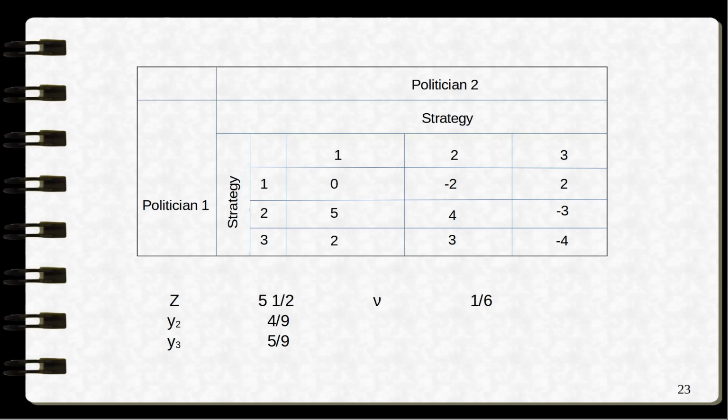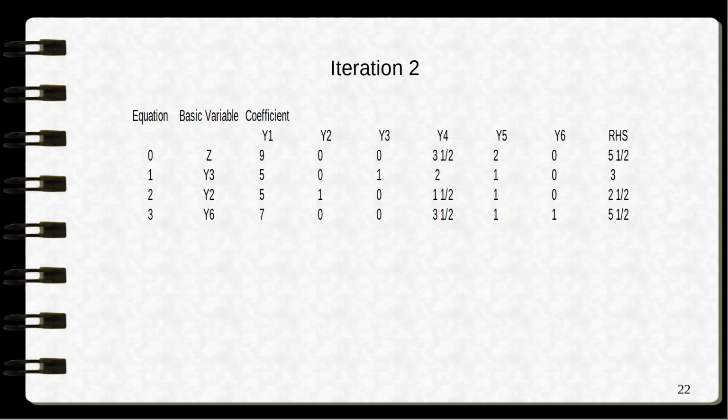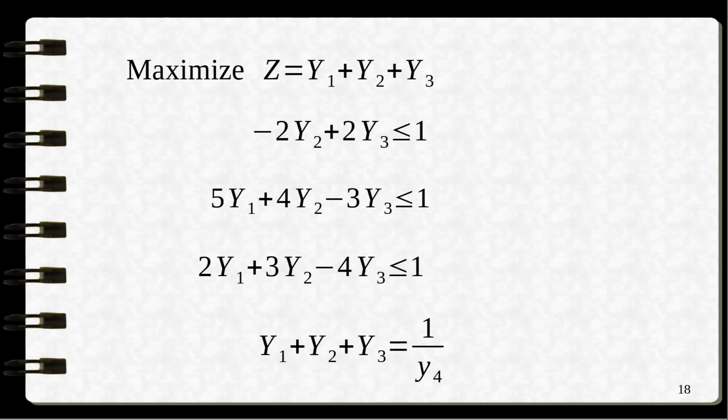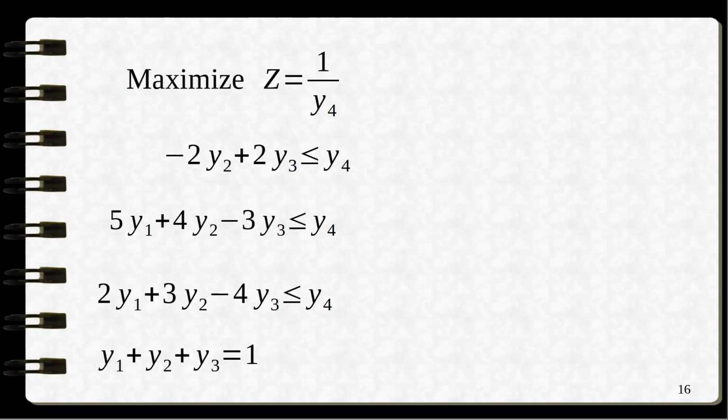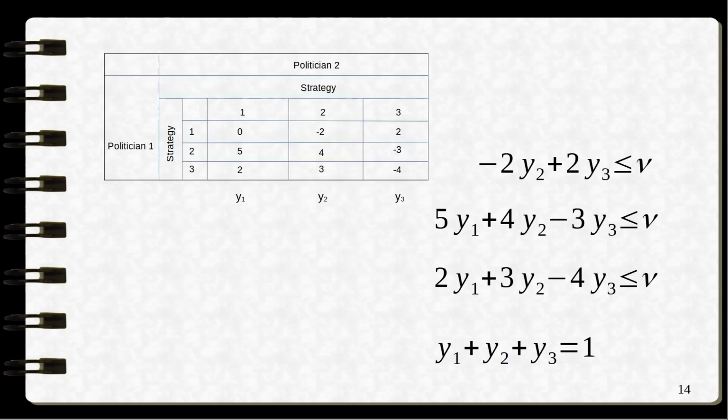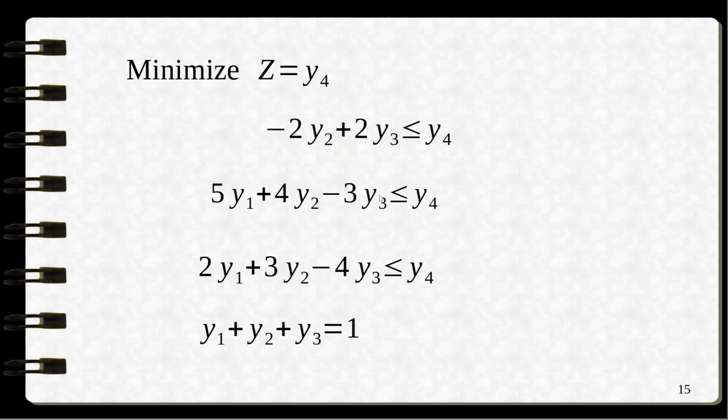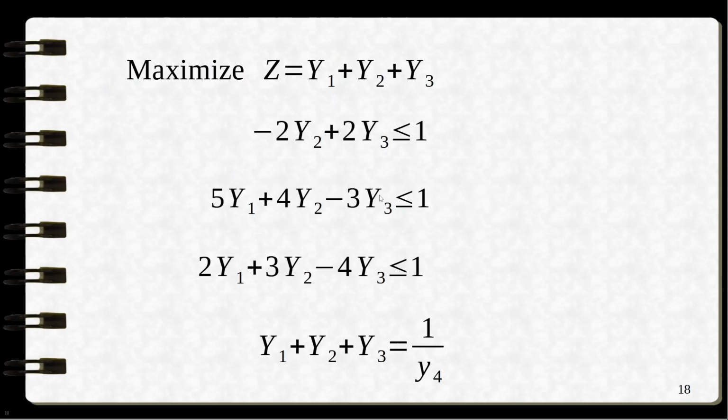Now we take this value of 1 over 6th and we recalculate back y2 and y3, the y2 and y3 that you see here. That is the probabilities of strategy 2 and strategy number 3. So we calculate it back now.